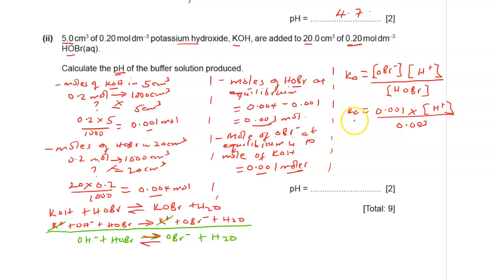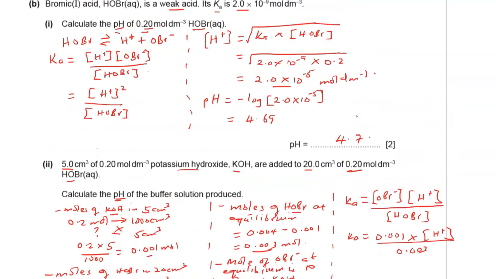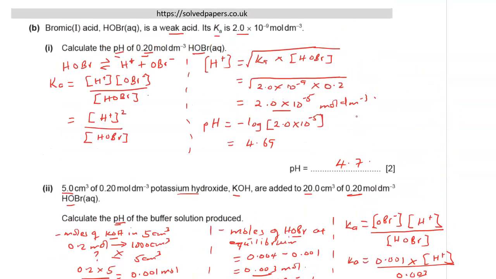The Ka is of course known. We are given the Ka right here for bromic acid. The Ka is 2 times 10 raised to power minus 9.